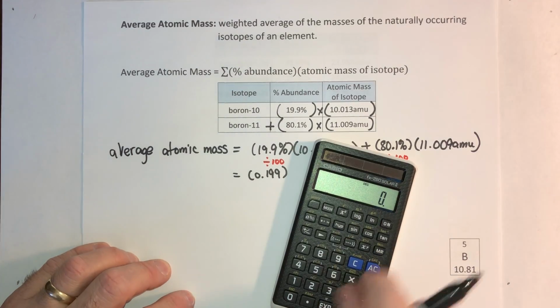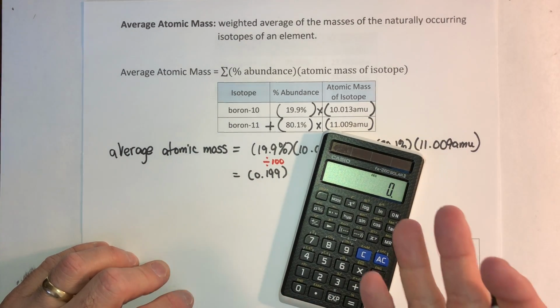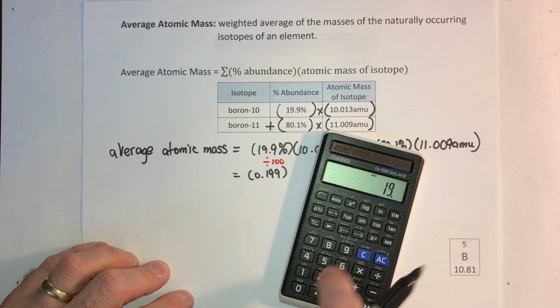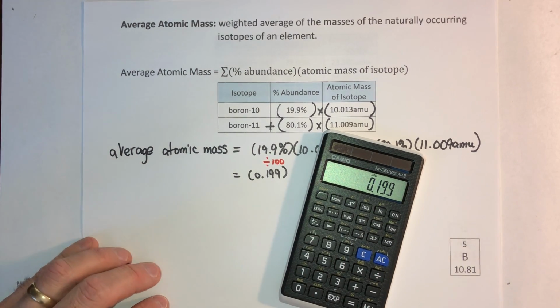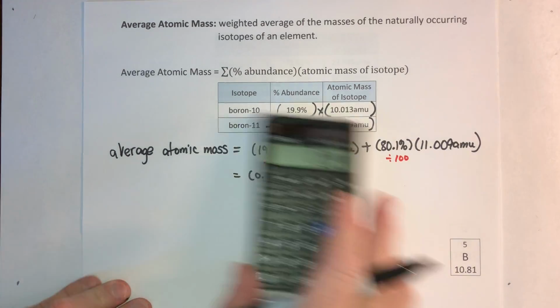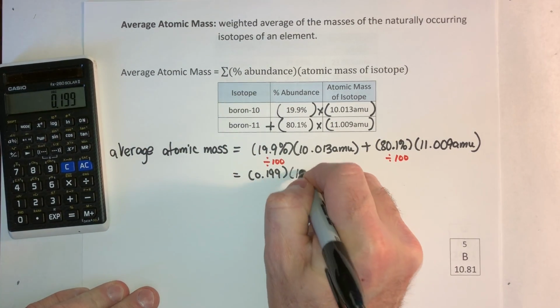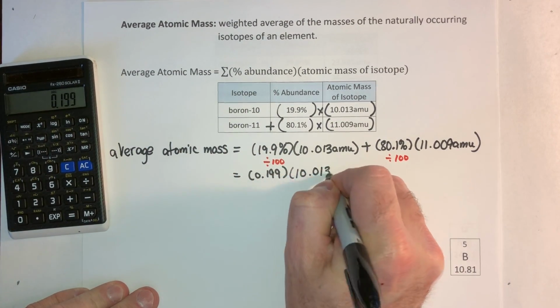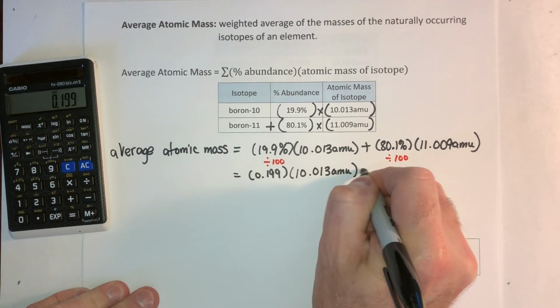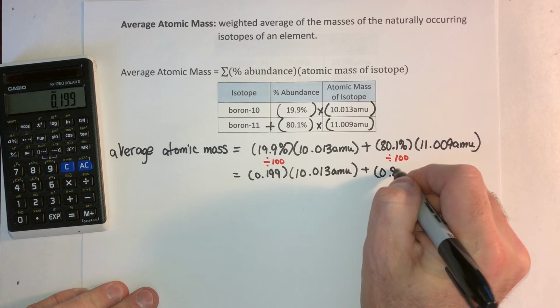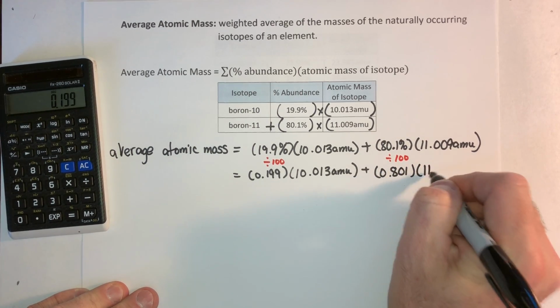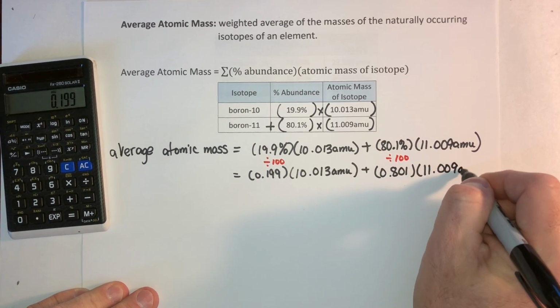So if you're worried that you're going to make a mistake, use your calculator, right? 19.9 divided by 100 gives it to me as a decimal. And then you don't have to worry about making mistakes. All right, so that's 0.199 times my 10.013 atomic mass units plus 80.1 divided by 100 is 0.801 times 11.009 AMU.